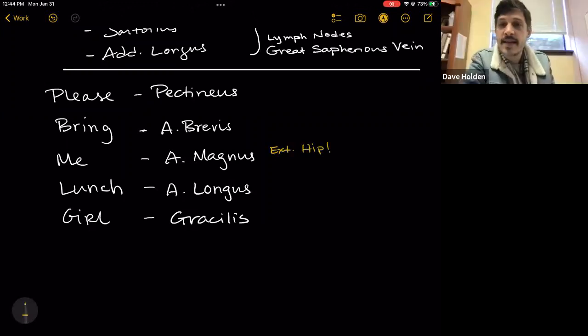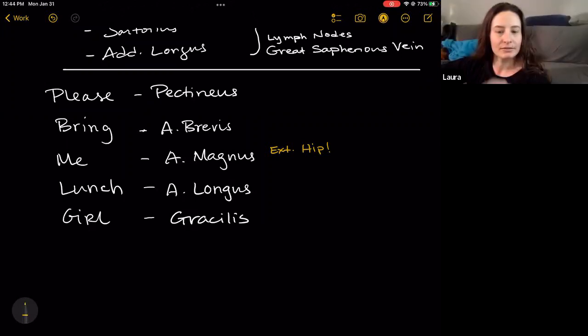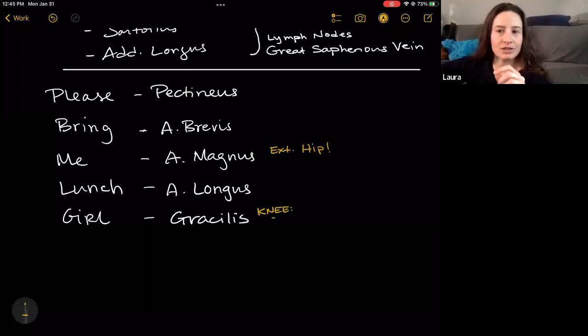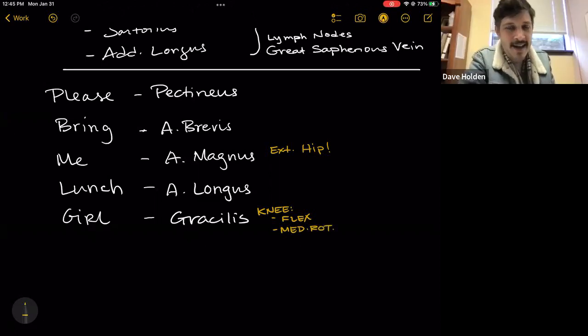The only one that extends the hip. Which is the only one that crosses the knee? Gracilis. So what two knee actions does it give us? Knee flexion and medial rotation. Excellent.